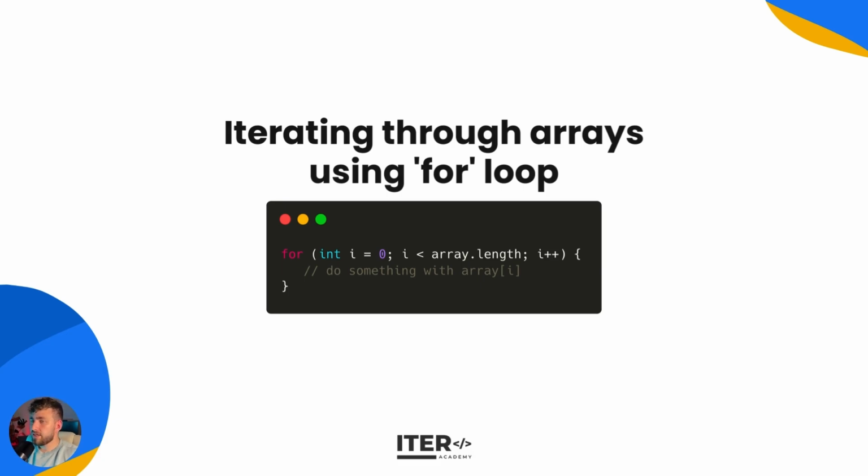And i is the index of the current element. The for loop starts with i equals 0. So this is an initialization, and increments i by 1 on each iteration until i is no longer less than array.length.